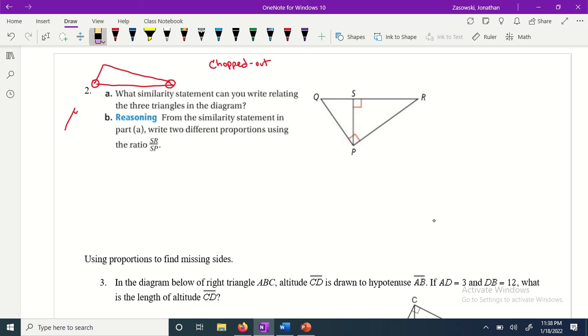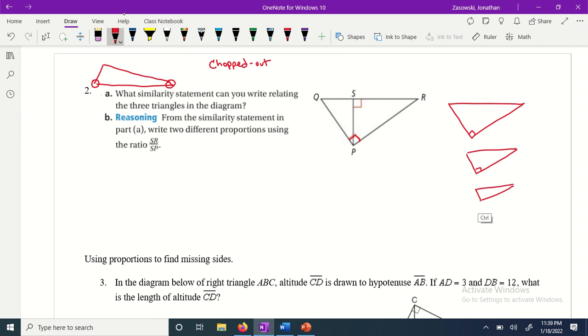So keep that in mind as we're going along here. We're going to draw three triangles that look just like our starting one. Here's a big triangle with the right angle in the bottom, just like it is here. We're going to draw a medium-sized one, a little bit smaller than that. And then we're going to draw a mini-me here.